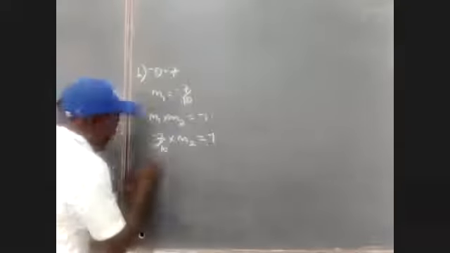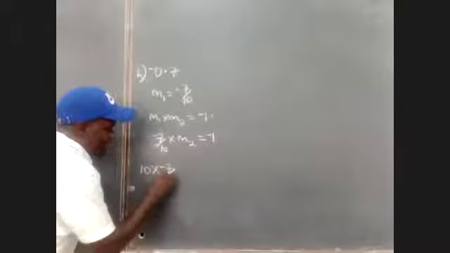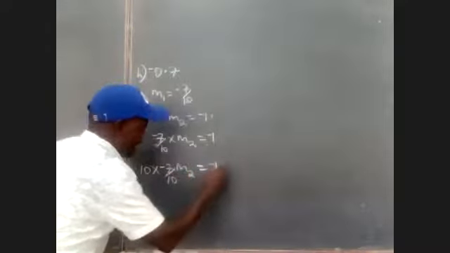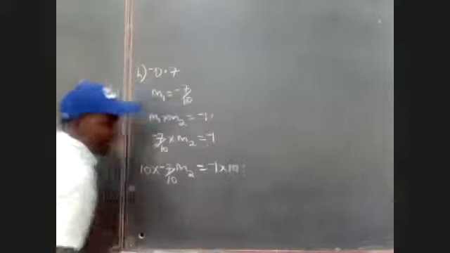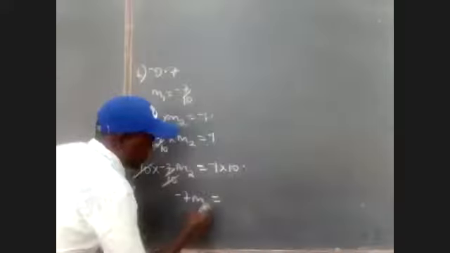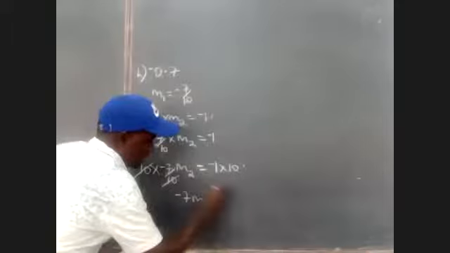So it will be 10 times negative 7 out of 10 M2, which is equal to negative 1 times 10. Then we have negative 7 M2, so we divide both sides by negative 7.